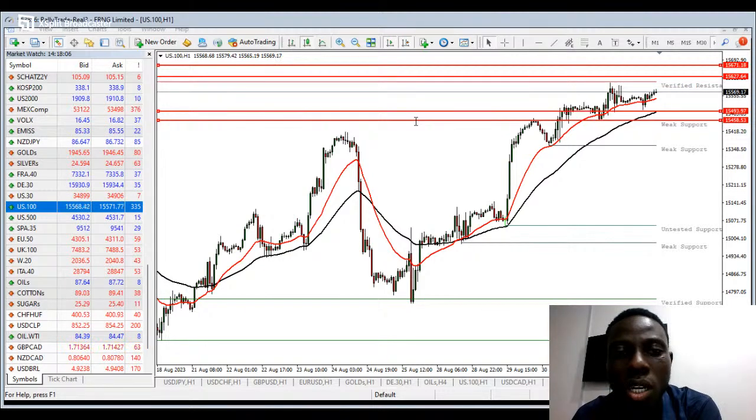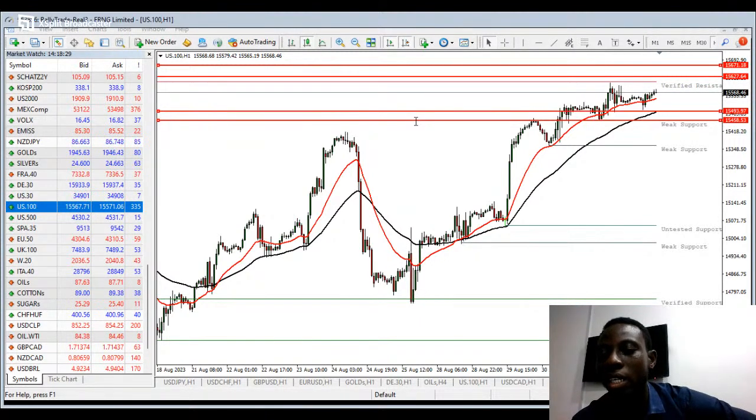Then the entry price for sell stop is 15493.97, and my take profit at 15458.53. So US 100, that's my entry price.